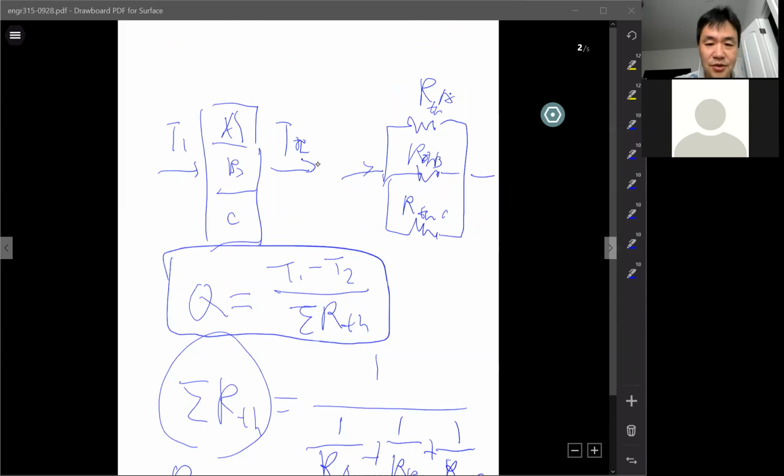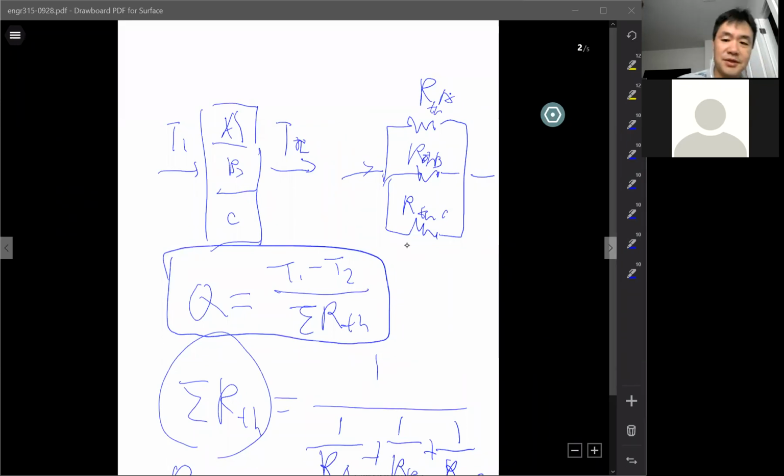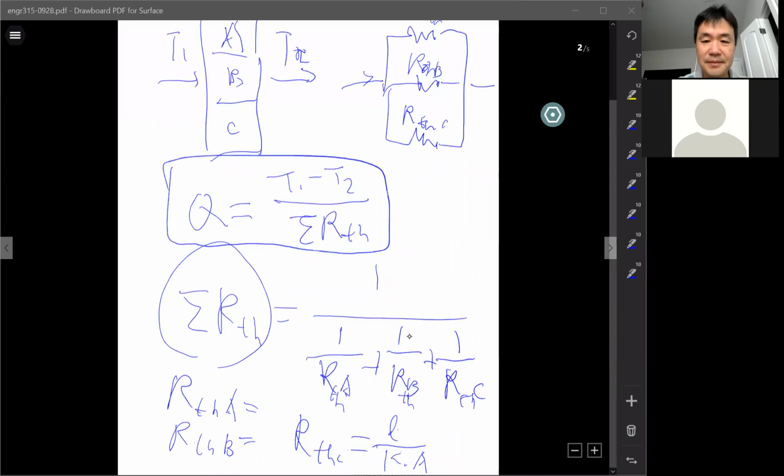This here shows the parallel arrangement. Similar to electrical circuits, this is how we calculate it: 1 over R_A plus 1 over R_B plus 1 over R_C, right? That's the overall thermal resistance.